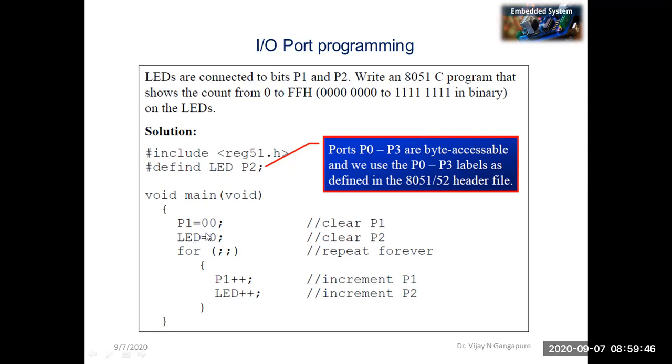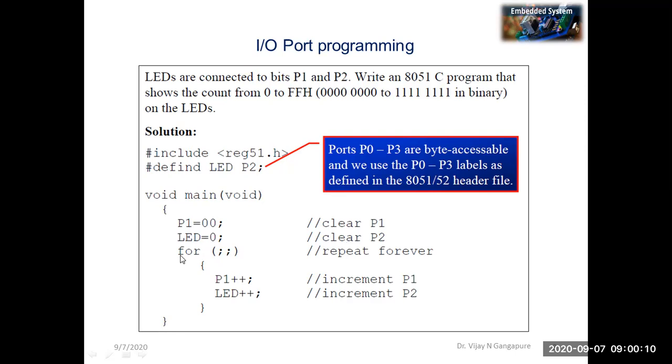By using these two statements, I am configuring port 1 and port 2 as output ports, because I am loading the 0 0 value in port 1 and port 2, or clearing port 1 and port 2.